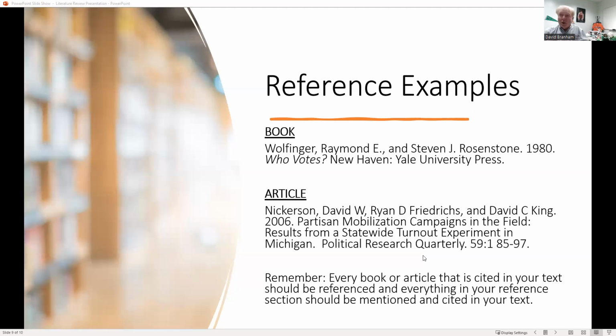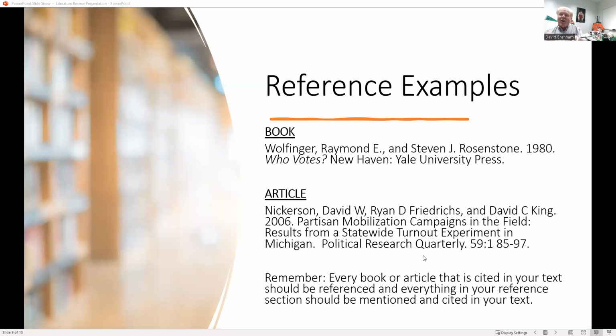It's not that you're going to do every paper in that style. I love APSA style, though, because you put all the information down. And then if you have to convert to, say, American Psychological Association style for your publication, it's very easy to convert because you already have all the information. If you have D.W. Nickerson instead of David W. Nickerson, then you're going to go back and be looking up, what was his first name?